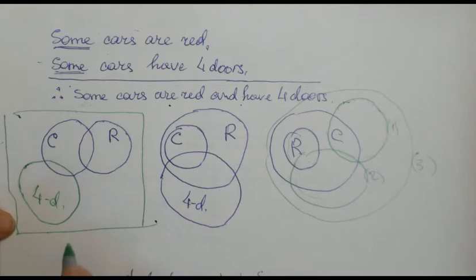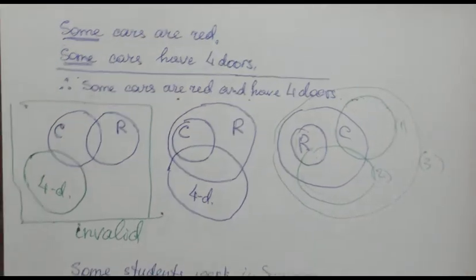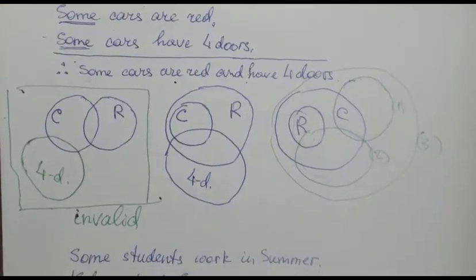So this picture proves that the syllogism is invalid. As well as this picture, but here it is combined with some other. With this middle picture, we cannot prove that the syllogism is invalid, but we need only one invalid picture and the syllogism is invalid.